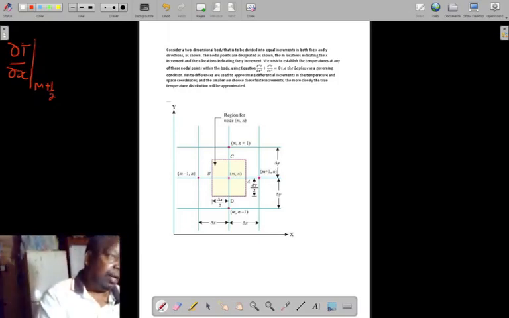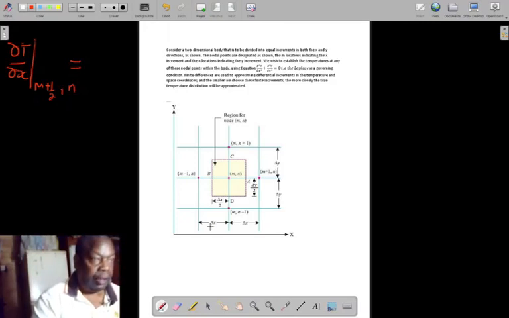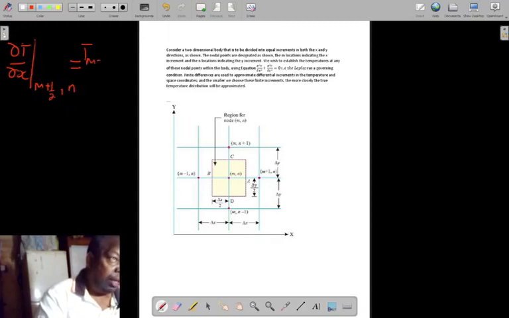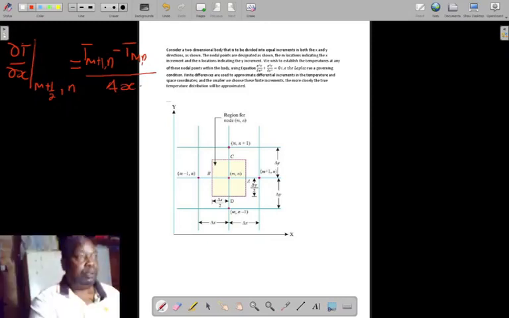So at m plus a half comma n, that is at that position between that node and that node there, is given by T(m+1, n) minus T(m, n), divided by delta x, as per the approximating equations for our derivatives that we came up with.